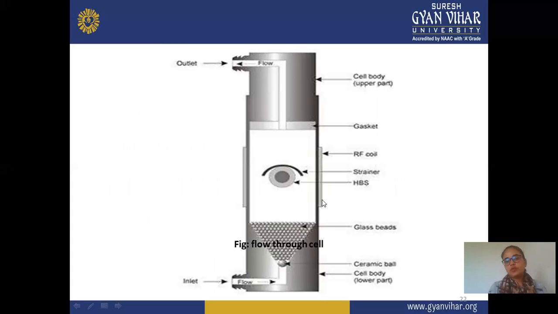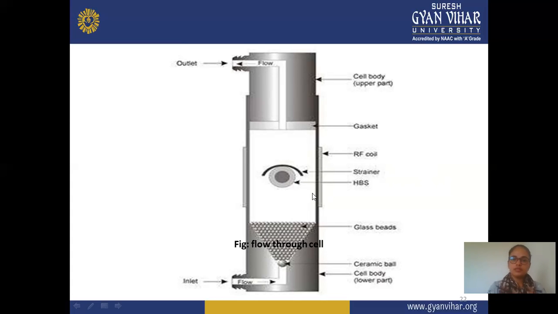This is a diagram of the flow through cell. This one is the cell body or upper part of your apparatus, and it has an outlet for flow, and a gasket. Means after the cell body, there is another part known as the gasket, and this is the RF coil and a strainer.